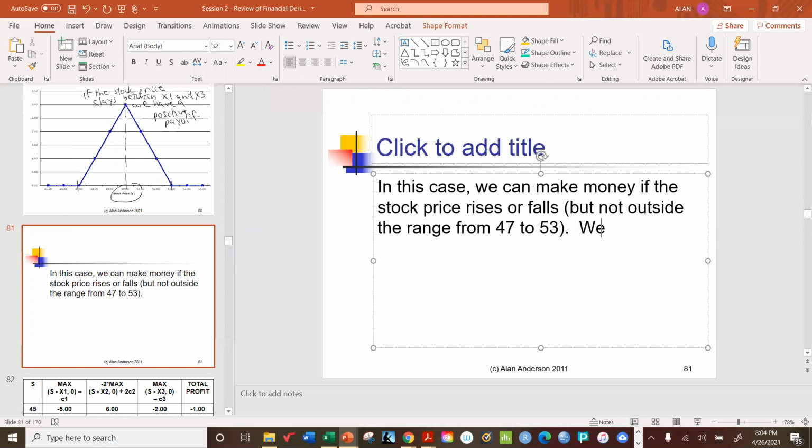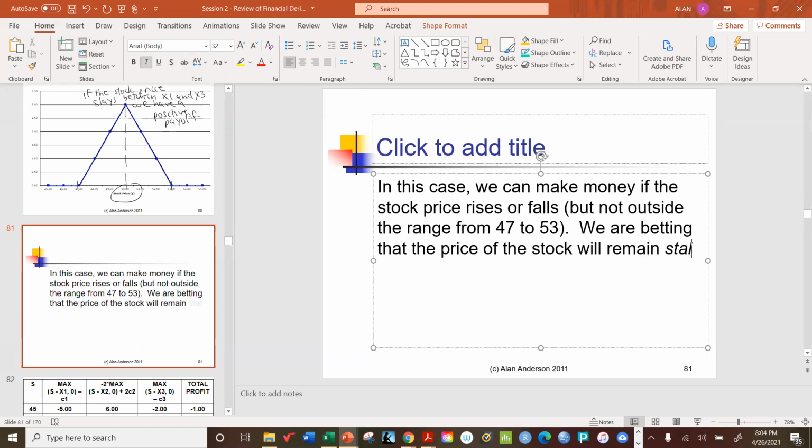Okay, so we are betting that the price of the stock will remain stable, and we'll earn money if this happens.